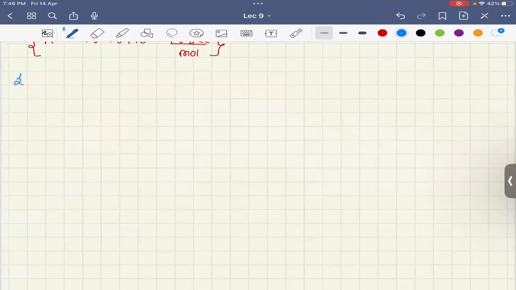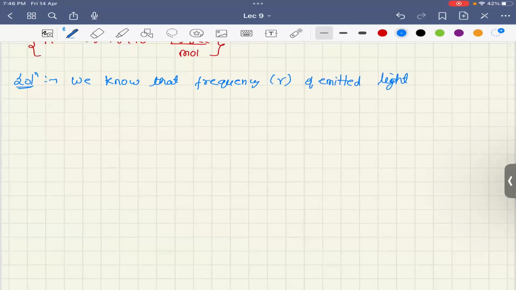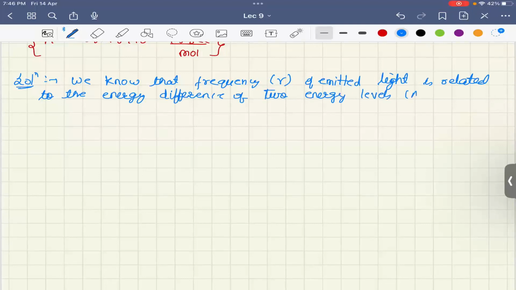So this is a very simple problem. We know that frequency, that is nothing but nu of emitted light, is related to the energy difference of two energy levels, which is delta E. Delta E is nothing but h nu, which is nothing but hc by lambda.